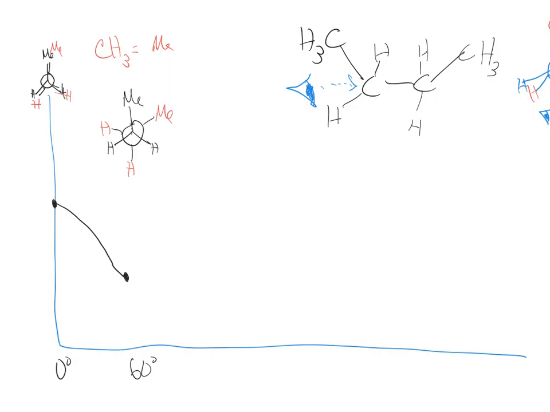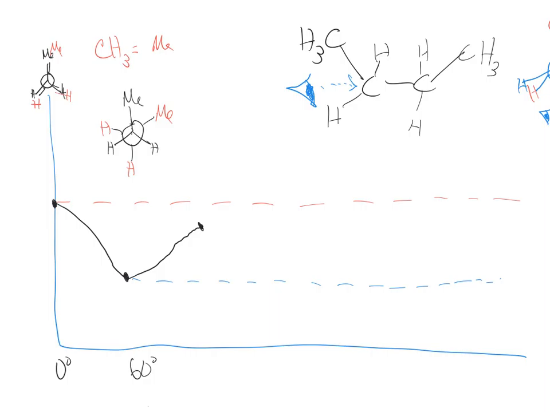And so I'm going to start drawing some lines in so hopefully it's somewhere right around here maybe. On your own, I suggest that you write in the Newman projections. Here, I'll write it in for this one.